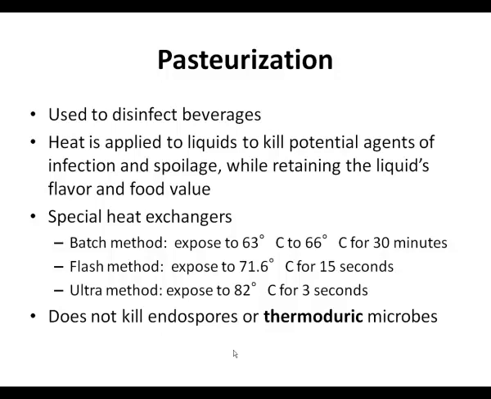This is basically going to be where you expose your material to 71.6 degrees centigrade for 15 seconds. Then the ultra high method is exposure to 82 degrees centigrade for 3 seconds. Once you've reached these temperatures, whichever method you're going to use, you hold it there for the appropriate amount of time, and then you rapidly cool this.